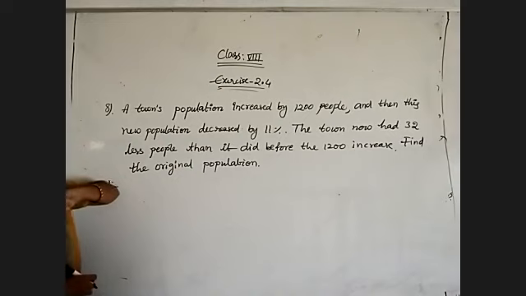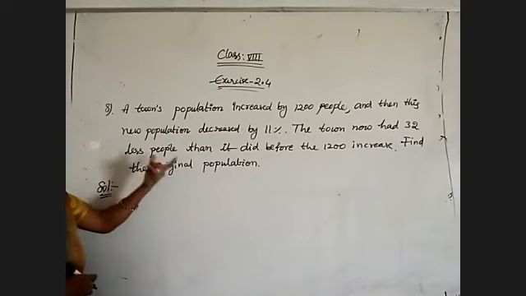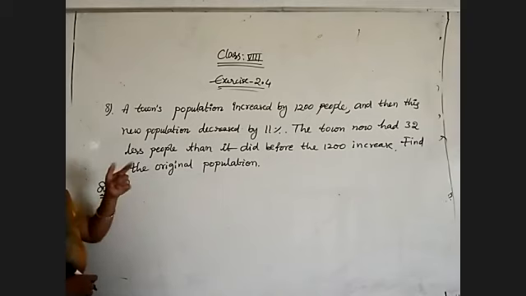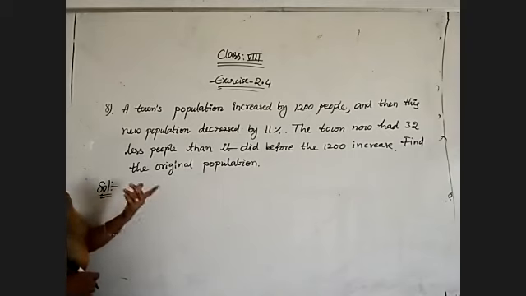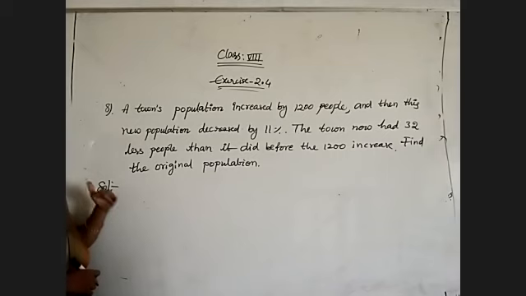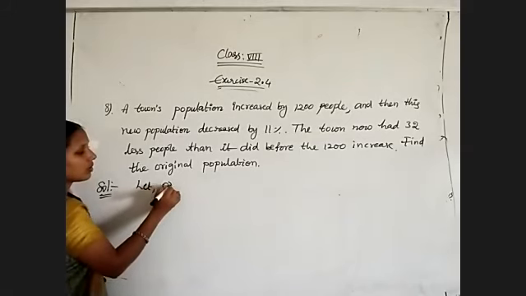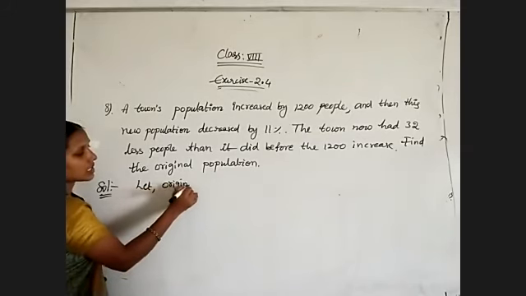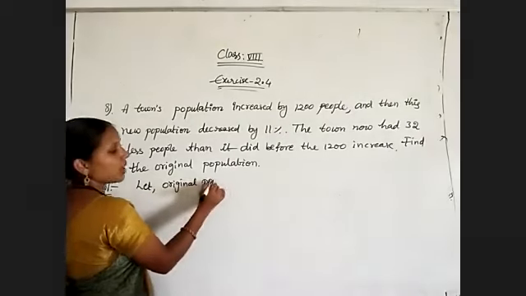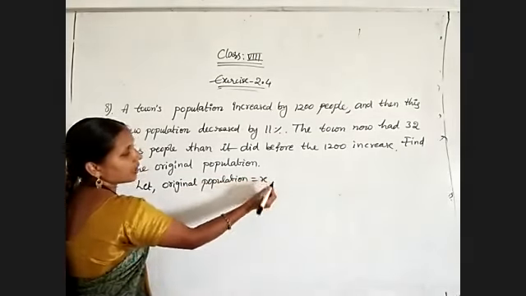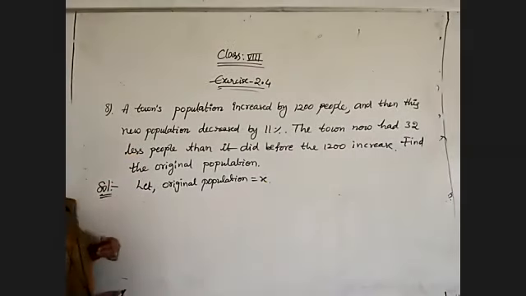The town now had 32 less people than it did before the 1200 increment. Find the original population. We need to simplify step by step, then we will get the idea. Let the original population be x. There is no unit, just the number of people.